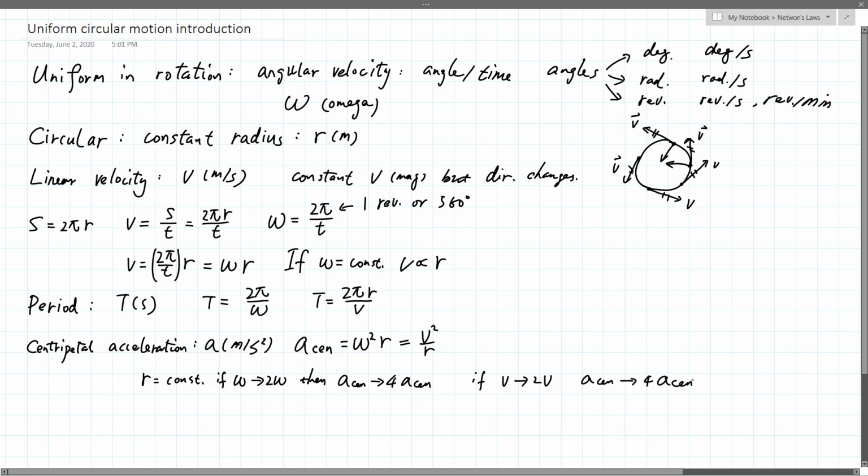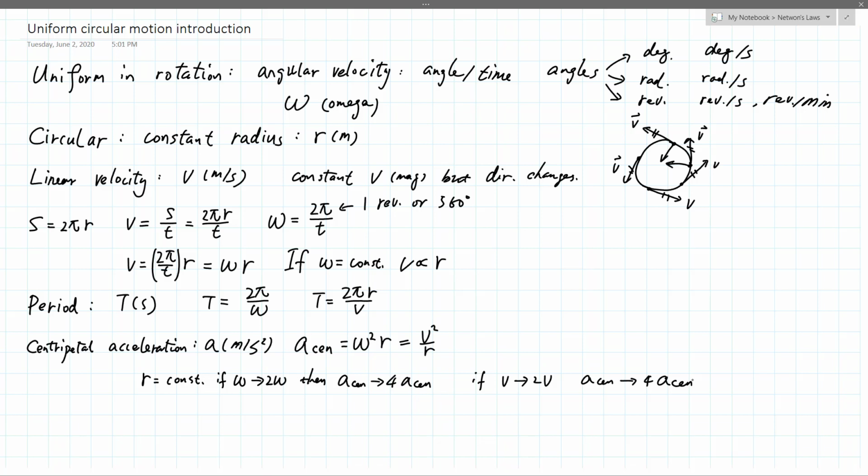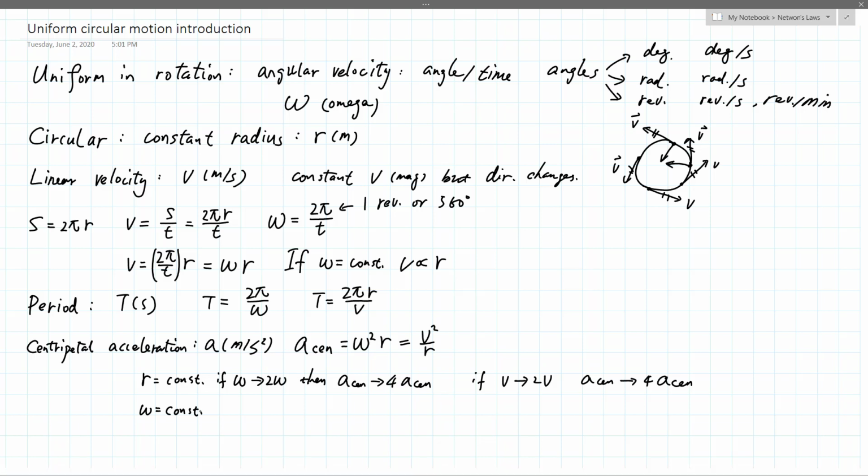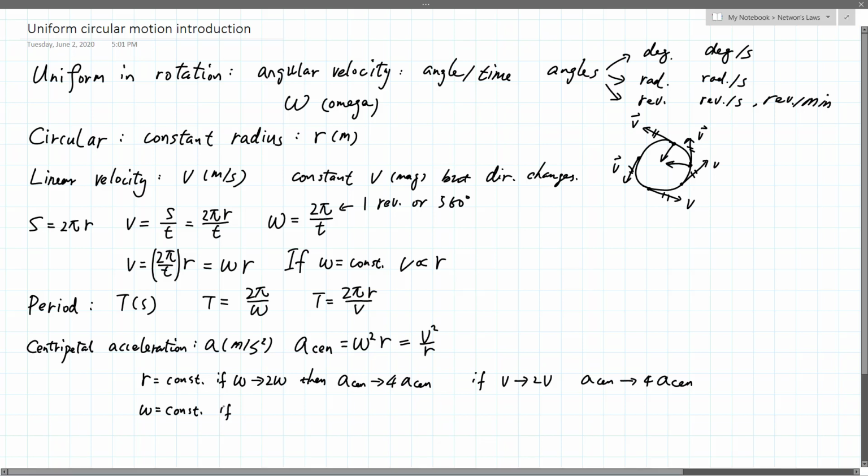So what about if you change something else? If you maintain another constant, say omega being constant, this means you're on the turntable. Something is turning at a constant speed. You can't control that. What if you walk towards the edge of the turntable, or walk towards the center of the turntable? So I can imagine a radius increase to twice radius.